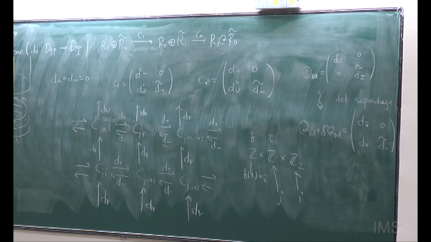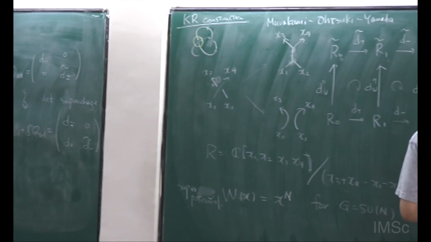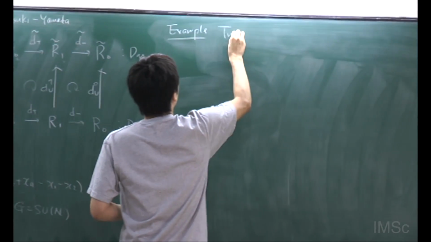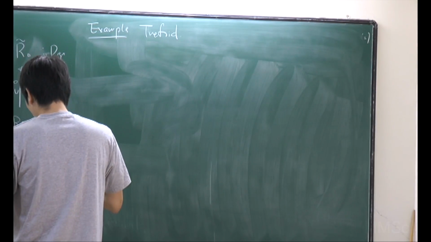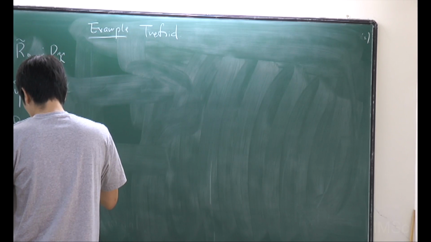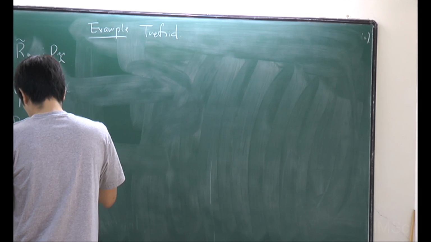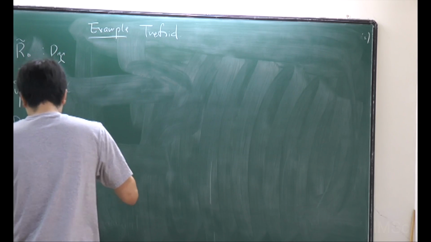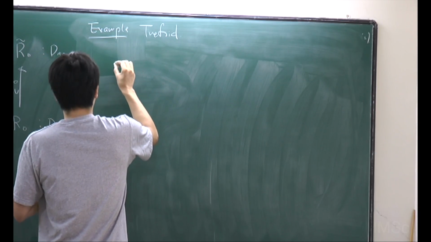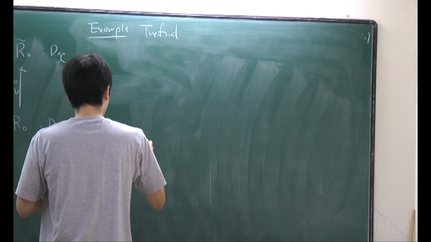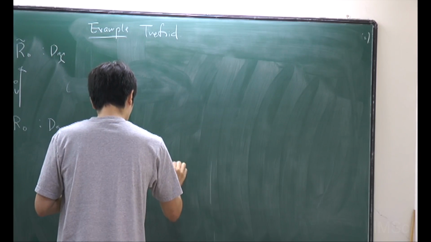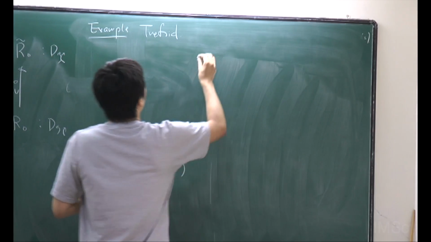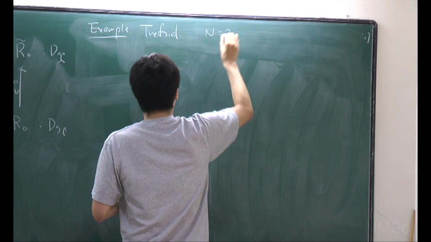So in the case of the trefoil, for example, once you take the homology with respect to D plus and D minus, what you get is as follows. This is C[x] divided by x, for the trefoil with n equal to 2.